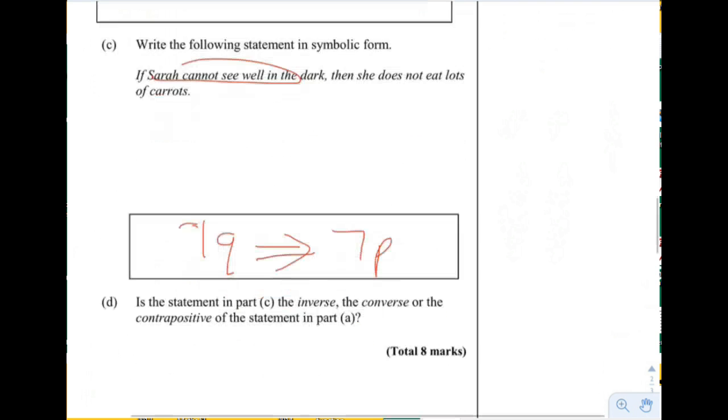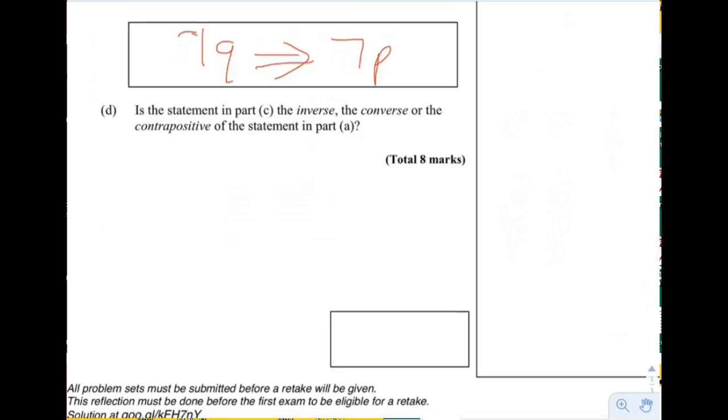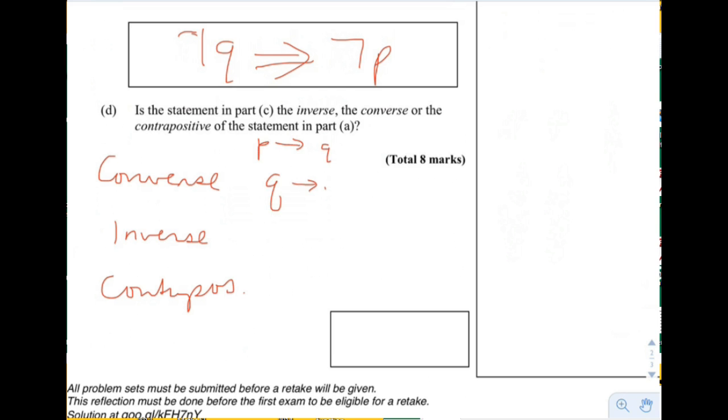All right. Is the statement in part C the inverse, the converse, or the contrapositive? Now let's see. When I did the exercise, I kind of started to remember which was which. Okay, so the first one we always did was the converse. The next one was the inverse, and the last one was the contrapositive. It's the most complicated. The converse is just like, okay, if the statement is P implies Q, the converse is just the opposite. Q implies P. The inverse is like the negative.